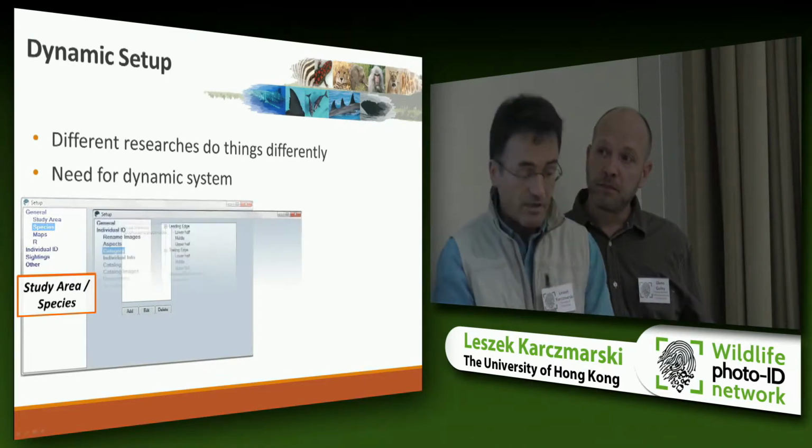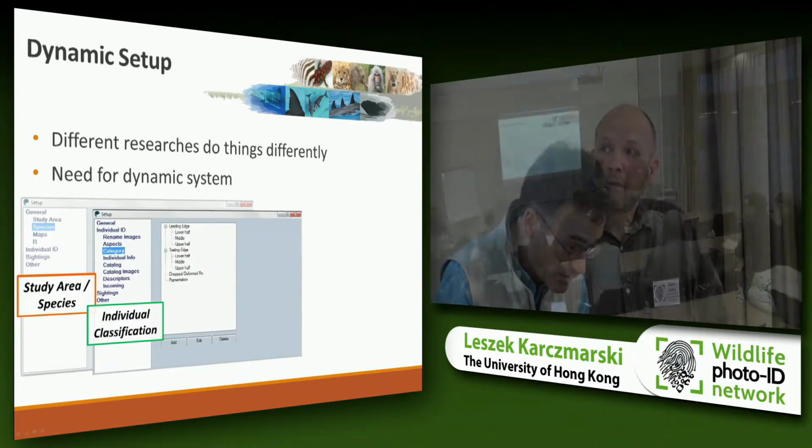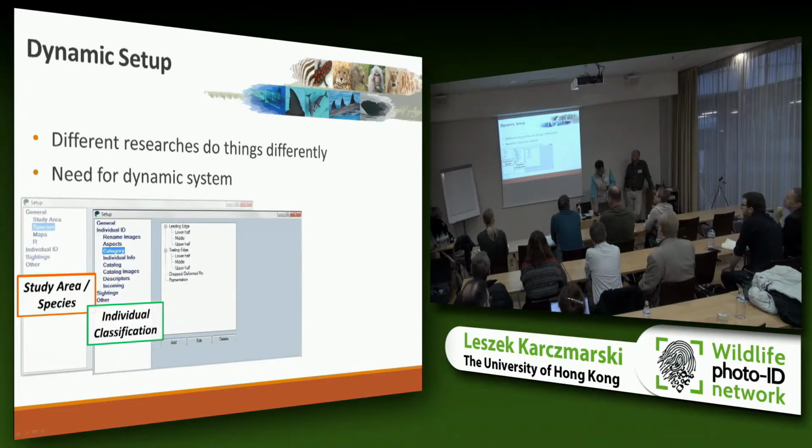You go to your individual classification, and you can choose what you will be using for your classification: what features, what type of descriptors. It's a non-index based system. We'll be referring to this a number of times, so a number of those classification aspects are categorical.